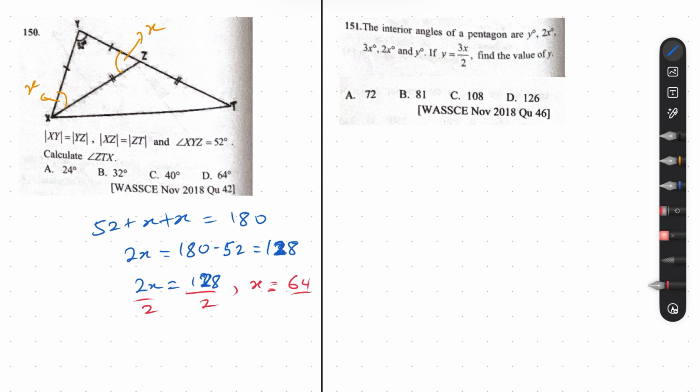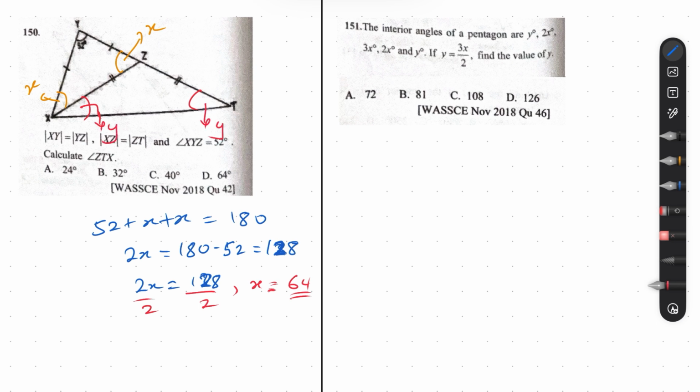We have x to be 64. Okay, cool. Now, since we know this angle to be 64, when we look at these two angles, they should be the same. Why? Because this side and this side are equal. So if we call this angle y, this angle will also be y.